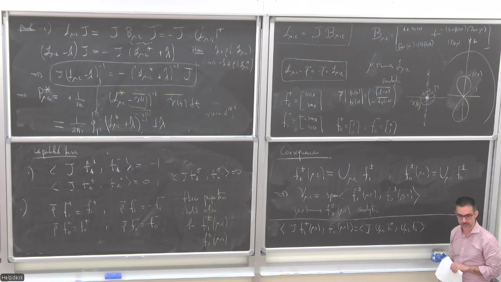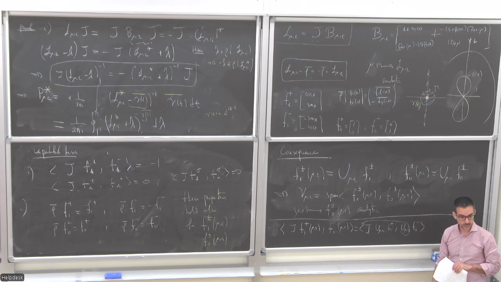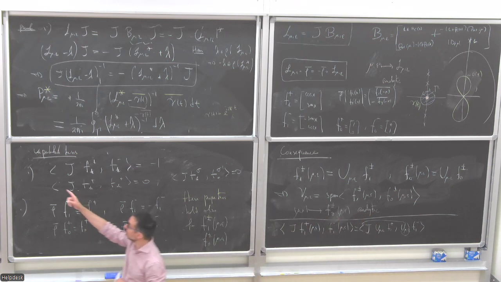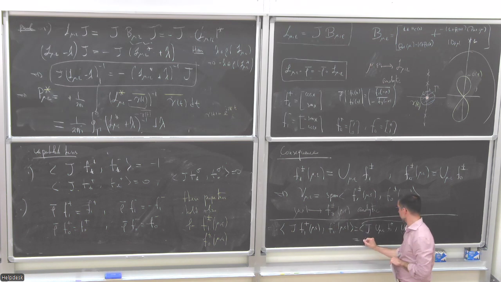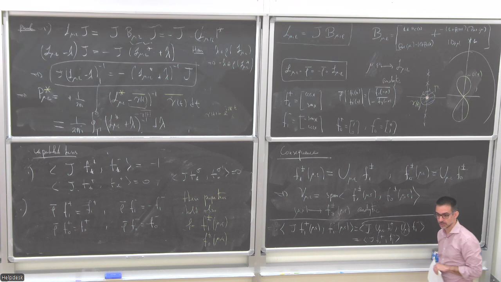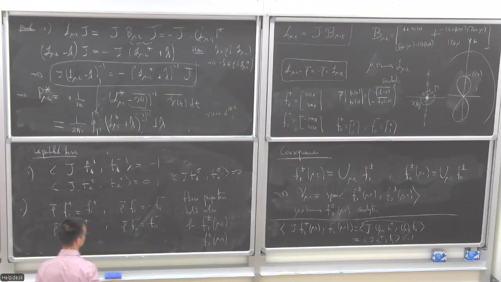Then you take the adjoint and bring it to the other side. This is U star J U, but U is symplectic, so U star J U is J, and so this is J F1 plus against F1 minus, and so this is minus 1. Same for all the rest. So now the basis is symplectic.